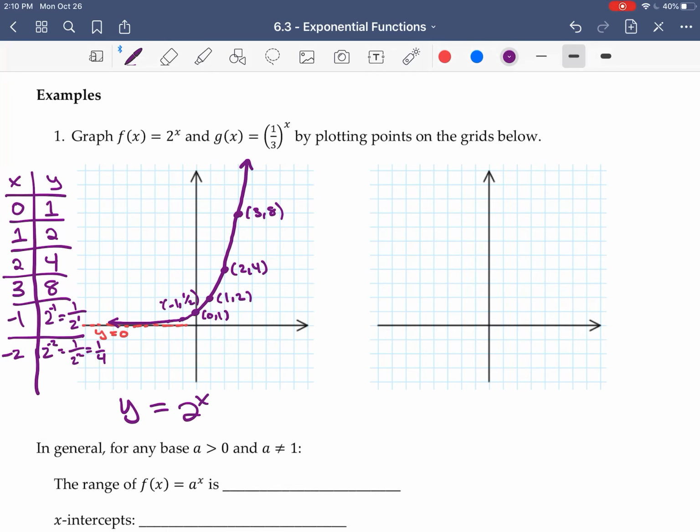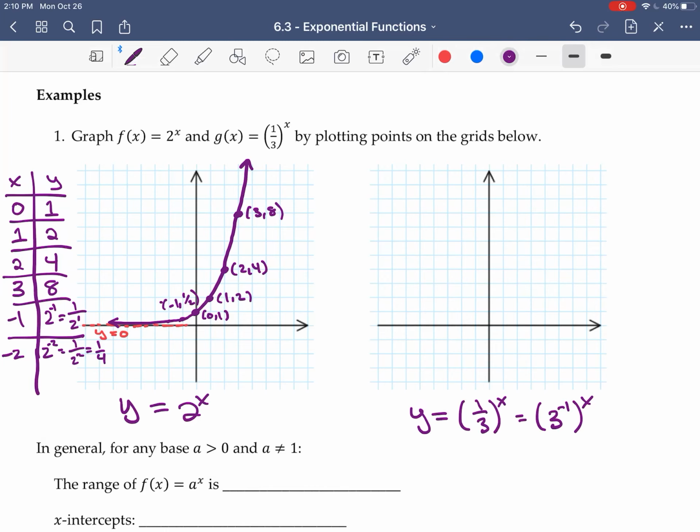Now I'm going to leave you the graph of 1/3 to the power x, but I will say that you could graph it by graphing 3 to the minus x, because those are actually equivalent. Okay, so maybe I'll put in an extra step there. But 1/3 is 3 to the minus 1, right?